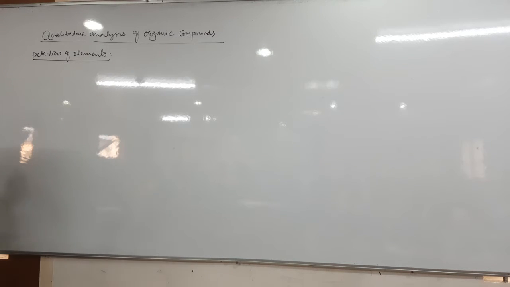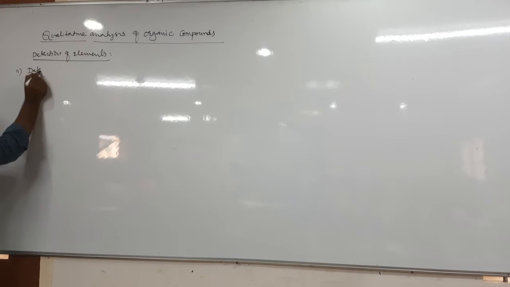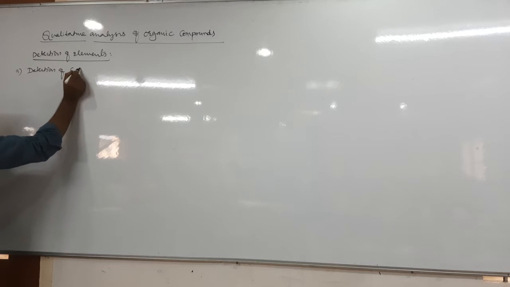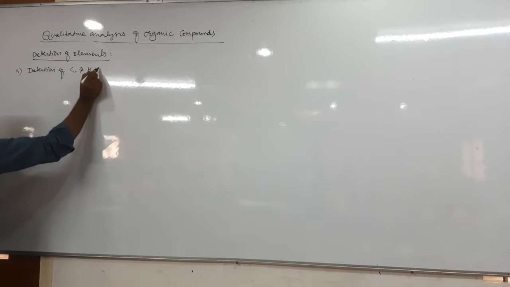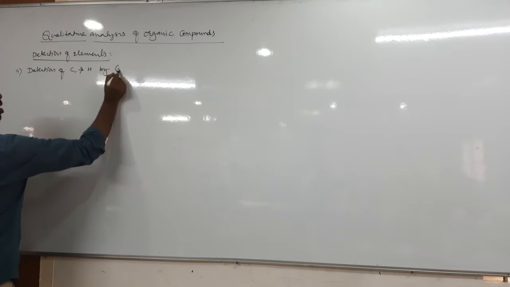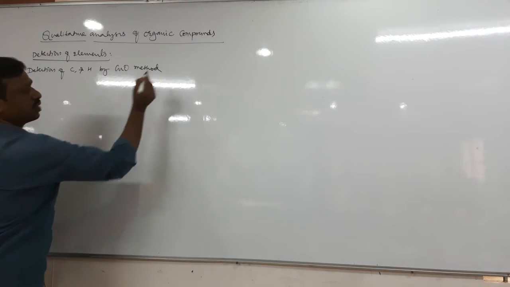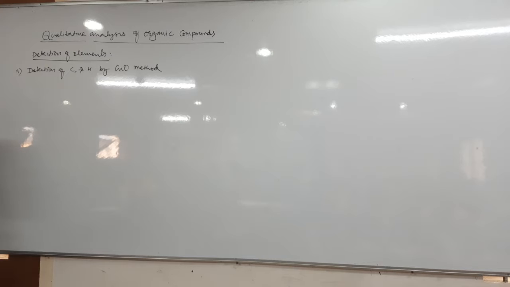So let's see first, A, detection of carbon and hydrogen by copper oxide method. By using the copper oxide method, you can detect the carbon and hydrogen.